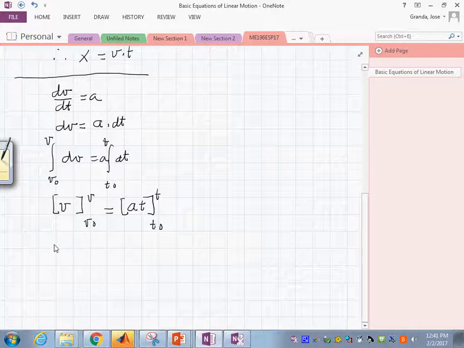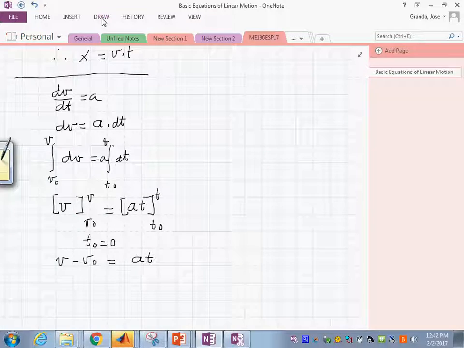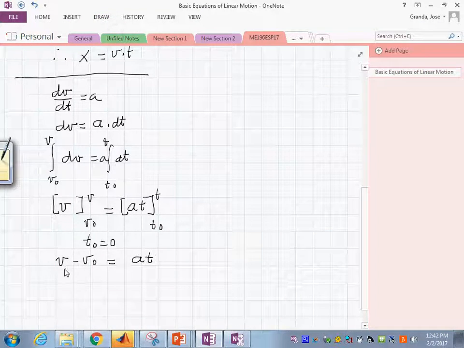Again, t sub 0 is equal to 0, so you have v minus v sub 0 is equal to a times t, or the equation that we need to know is that the velocity is equal to v sub 0 plus at, which is the other equation of uniformly accelerated motion. Okay, so that's that one.